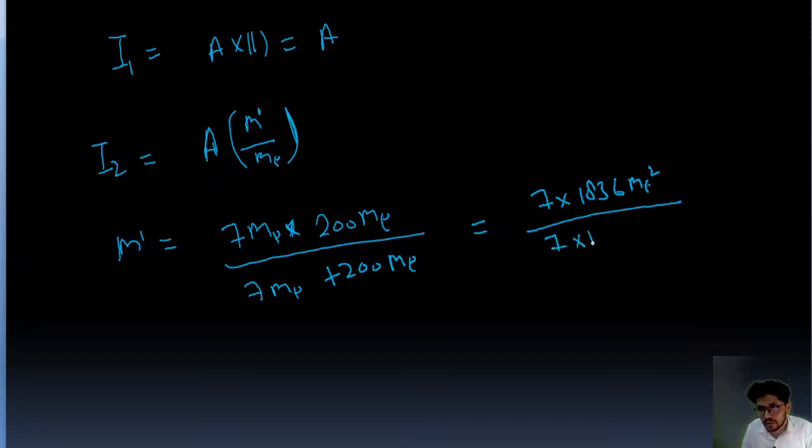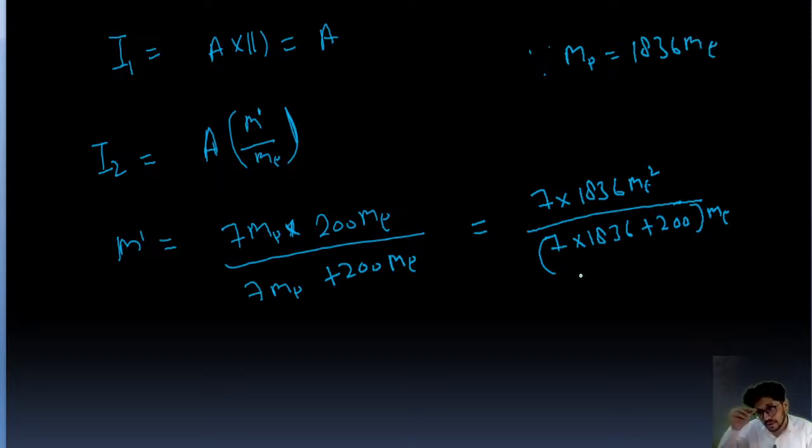7 into 1836 plus 200 Me, right? Because Mp, the mass of proton, is 1836 times the mass of electron, right? I have just put the value. So this means M dash upon Me, for the muonic lithium atom, okay?